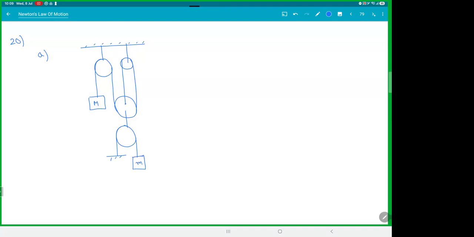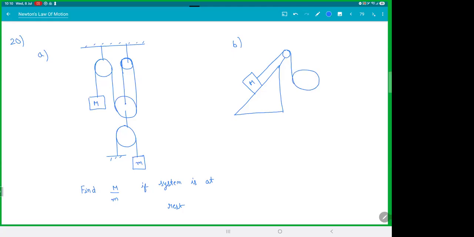If the system is in equilibrium, find the ratio of M by m. There, two questions.